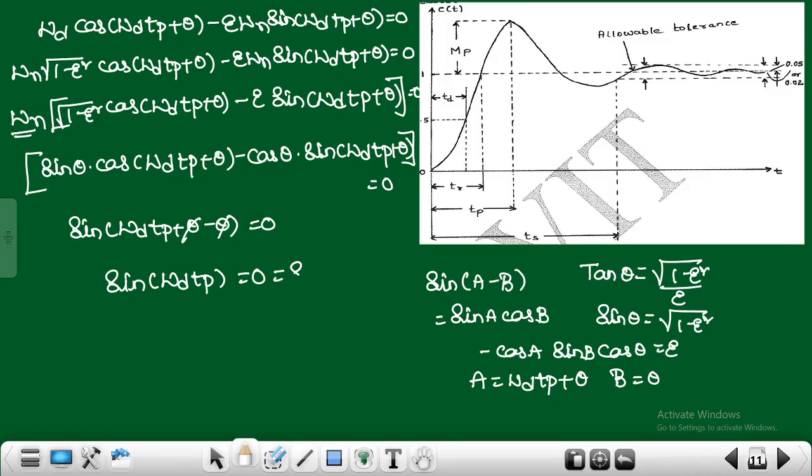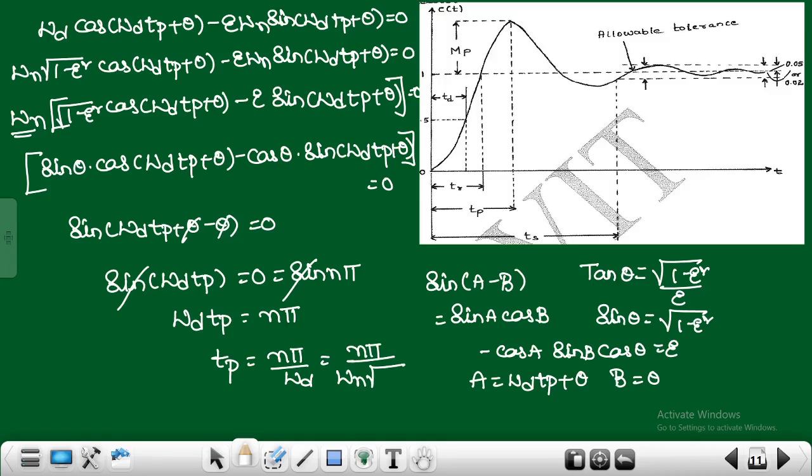Once again using trigonometric functions, that is equal to sin n pi. Omega d Tp is equal to n pi, and the peak time can be written as n pi divided by omega d, that is also equal to n pi divided by omega n into under root of 1 minus zeta square.